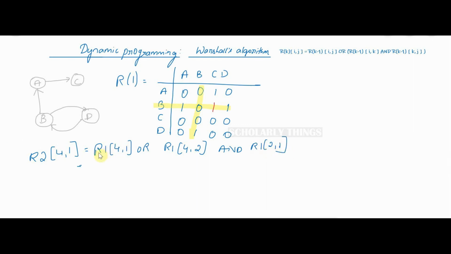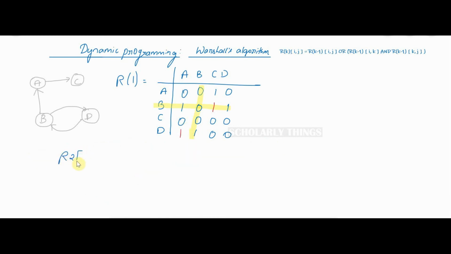We can see that R1 of 4 comma 1 is 0 or R1 of 4 comma 2 is 1 and R1 of 2 comma 1 is 1. 0 or 1 and 1 is 1. 0 or 1 is 1. In the new matrix R2, we can make 4 comma 1 as 1.